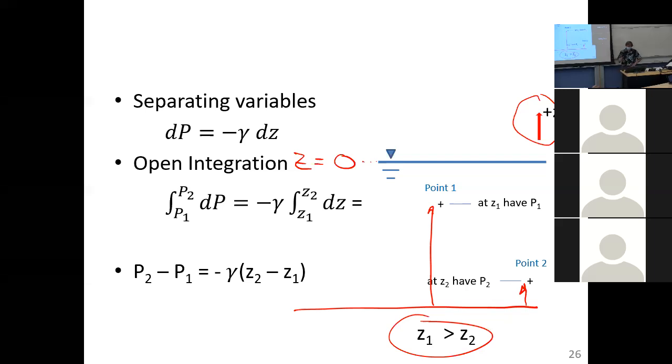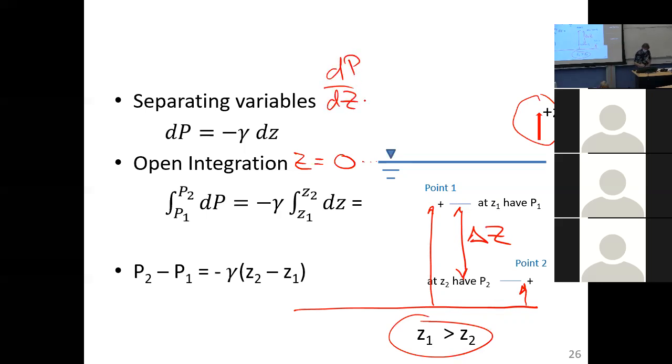Irrespective of where that datum is, delta Z is the same, right? And what dP/dZ is saying is that as you go down in the fluid, you're increasing pressure.